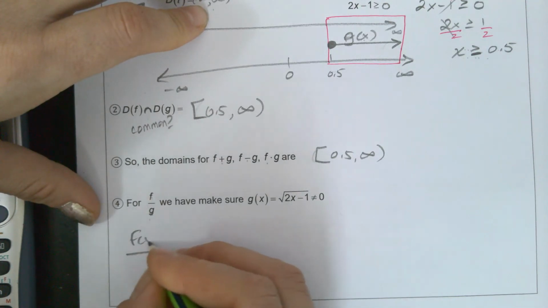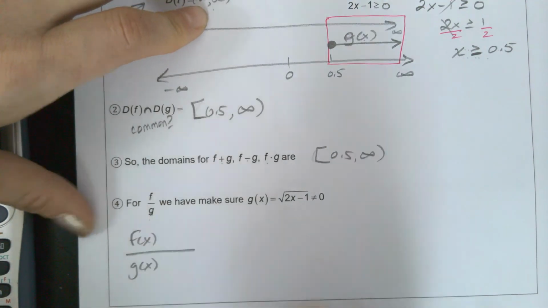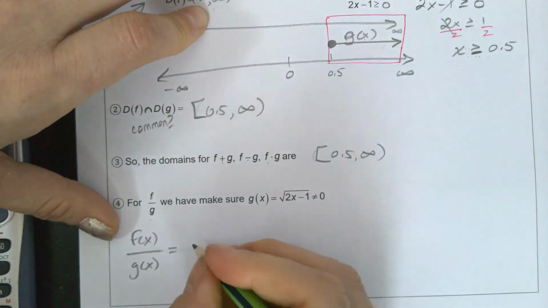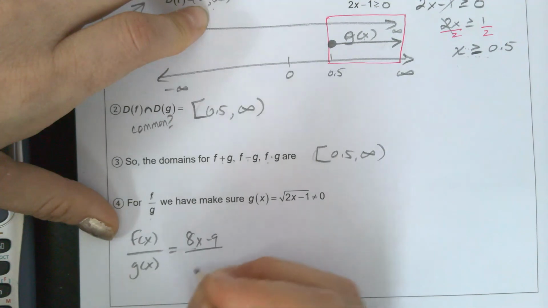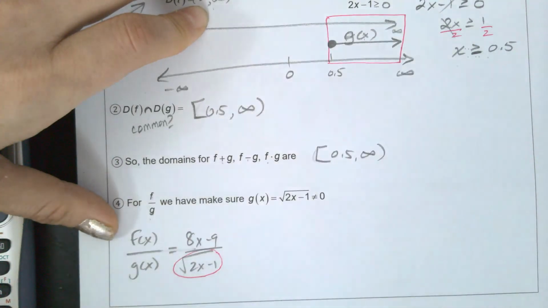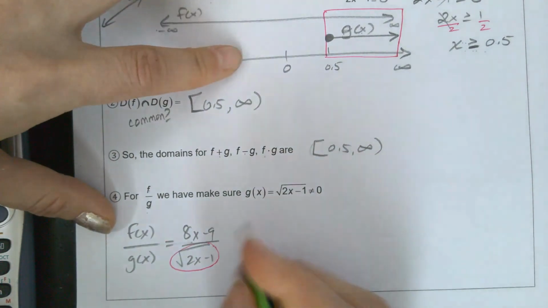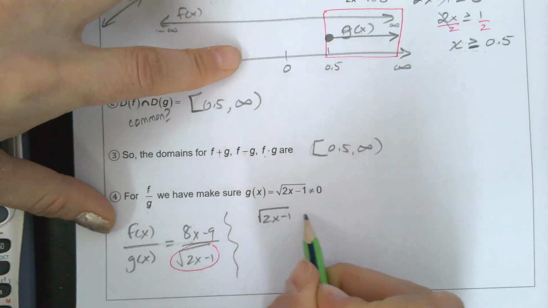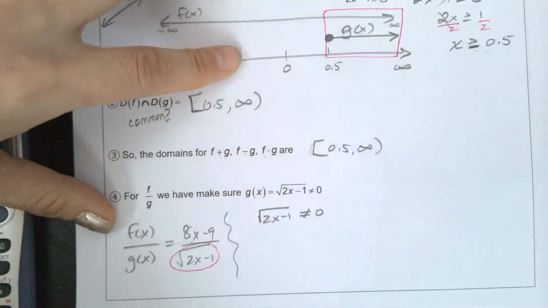So f of x over g of x is equal to, and we have to look at the bottom and say this cannot be equal to 0. So I have to say the square root of 2x minus 1 cannot be equal to 0.